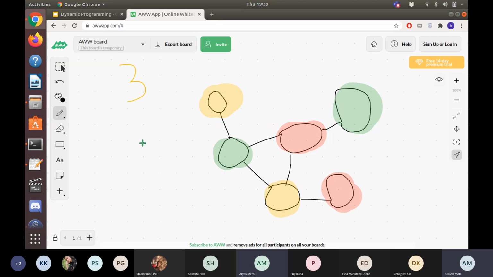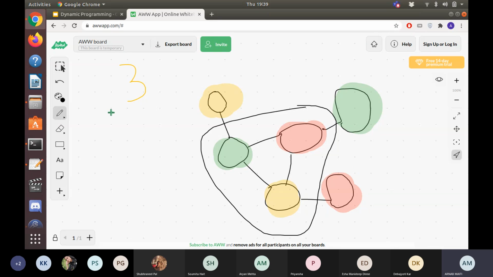The reason is that this is connected to this, so both should have different colors. This is connected to this, so both should have different colors. And this is connected to this, so both should have different colors. So these three should mutually have different colors, so at least we'll require three. And we gave a coloring where we used exactly three colors, so the minimum number of colors is three.